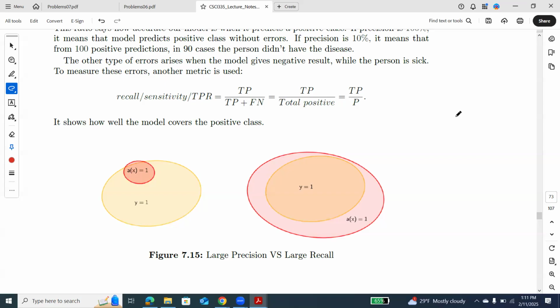We can just fire when we are sure that the anti-missile will hit the goal. So in this case, we maximize precision. Does that make sense? So we don't fire at every target, but if we fire, then we will actually get this target. So let's calculate precision and recall for our two problems.